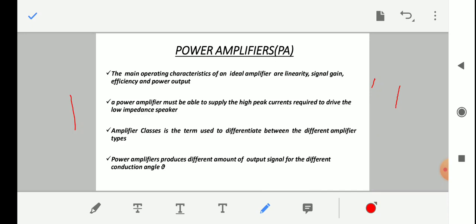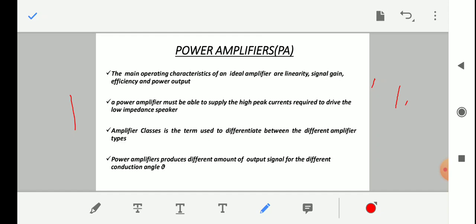These power amplifiers are mainly used at the output stage of a system which drives low impedance loudspeakers that require high peak current at the output stage. So these power amplifiers are used at the output section of a system where large peak current is required. This cannot be achieved with conventional bipolar junction transistors.